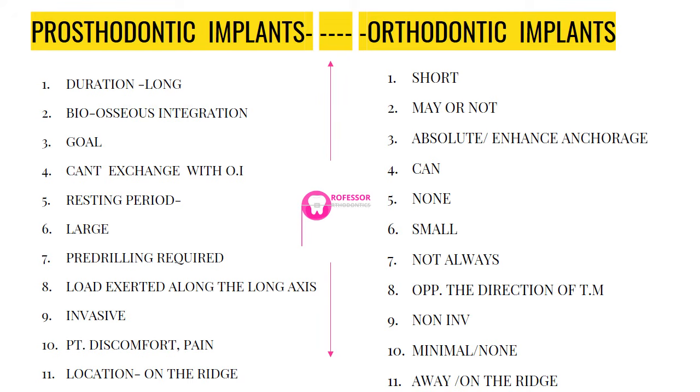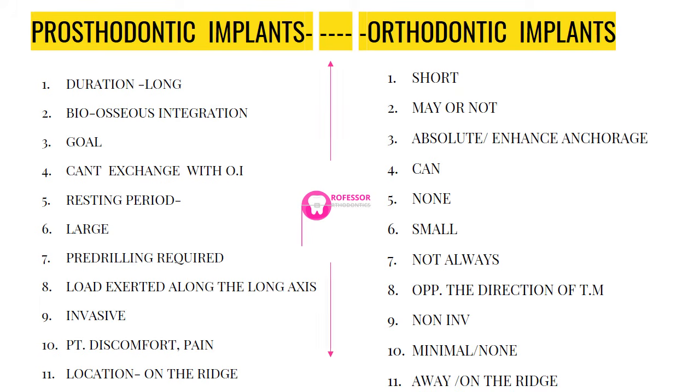The patient has to wait for the implant to heal and bio-osseo integrate with the biologic tissue, and then the implant is put to use or function. Whereas in case of an orthodontic implant, the implant can be loaded immediately, the same day or in the next few days, so as to use it for its full purpose. You need not wait, there is no waiting period.